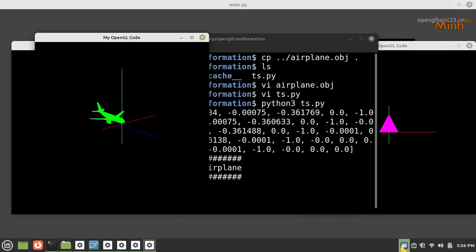Now if I press next, then next means it would come near the camera in the positive Z direction. It is coming. Okay, now I can rotate.